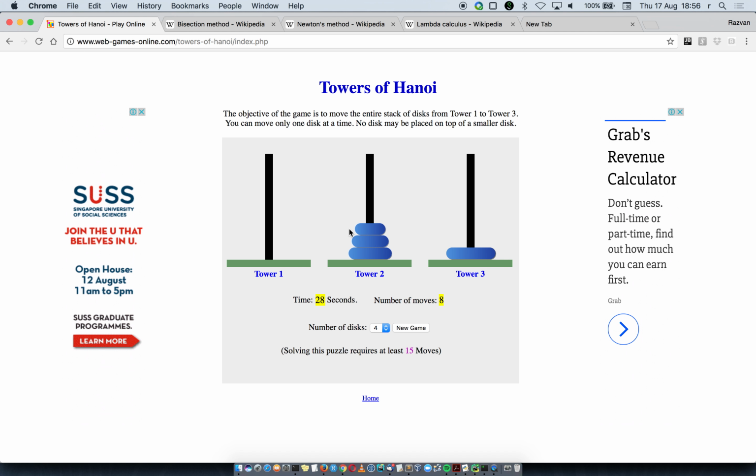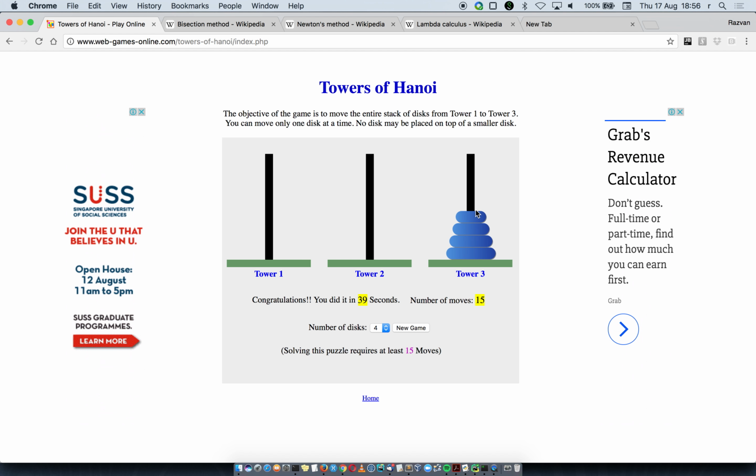So you can believe that I will be able to do that as well, right? So let's move them from the second pole to the third pole, all right? So we already have a strategy for writing a piece of code, okay? And this strategy is recursive, and it's also very much related to mathematical induction, right? In mathematical induction, how would you solve a problem for a generic n?